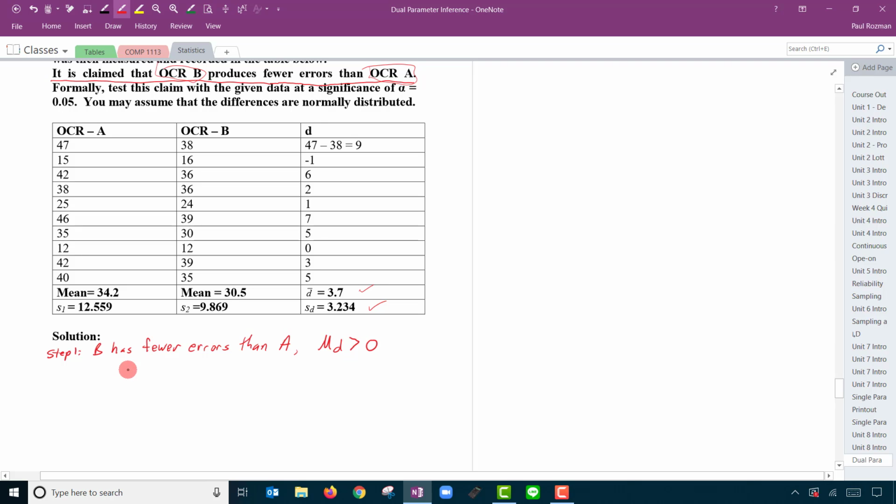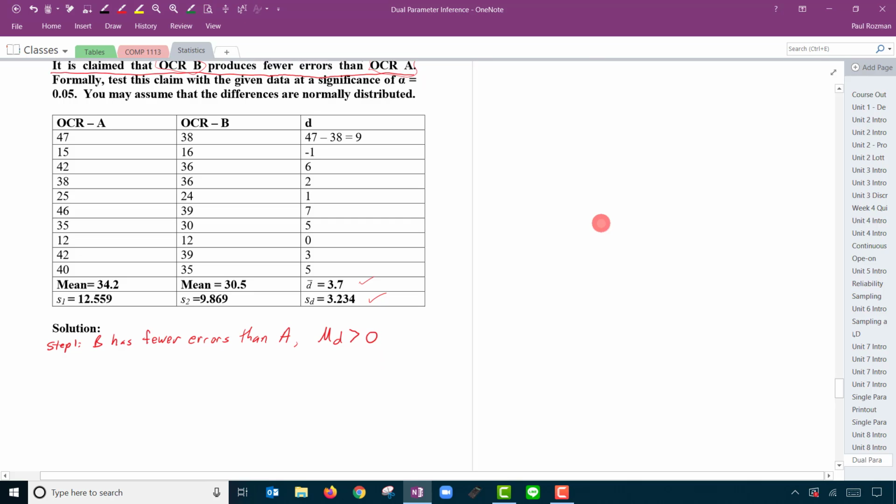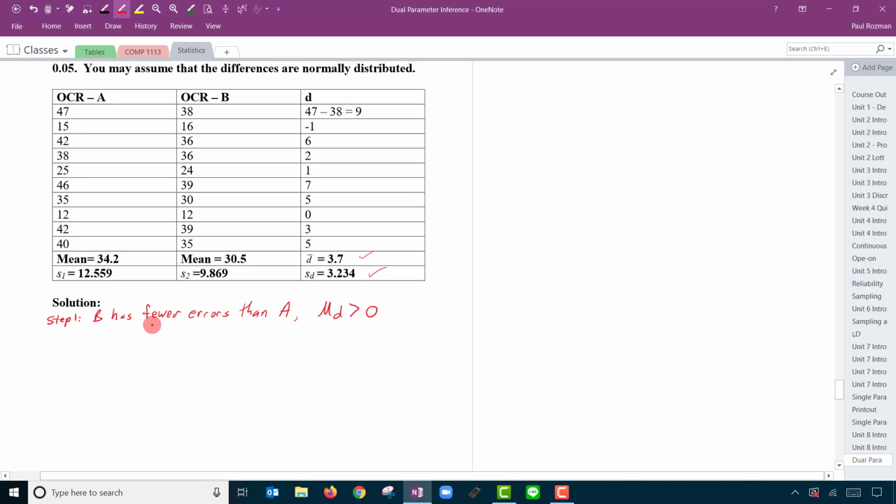We're claiming B is better than A, which means that the mean difference is claimed to be greater than 0. And it doesn't say fewer than or equal to, it just says fewer, and that's why I used greater than. This is kind of the tricky part here, is converting that into the symbolic version.